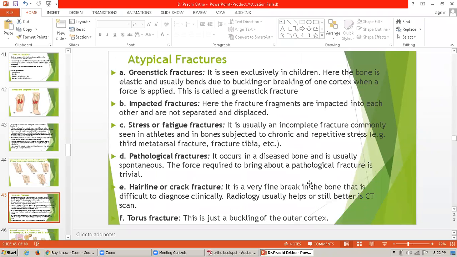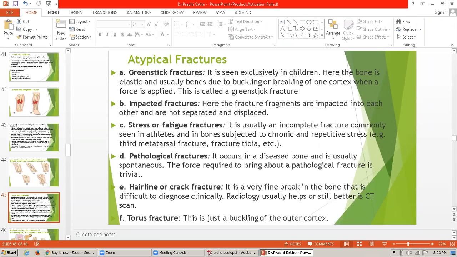Okay. Then atypical fractures. Firstly, a greenstick fracture. It is seen exclusively in children, and here the bone is elastic and usually bent due to the buckling or bending inward of the cortex when a force is applied, and this is called a greenstick fracture.